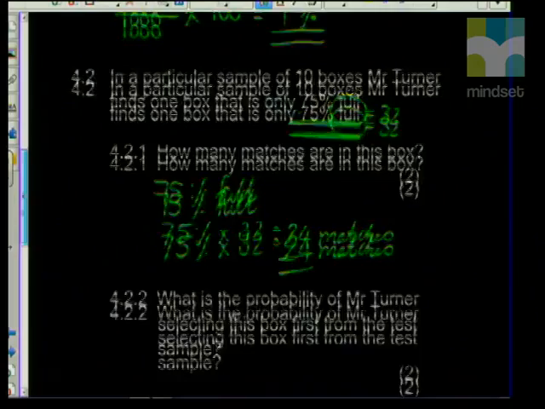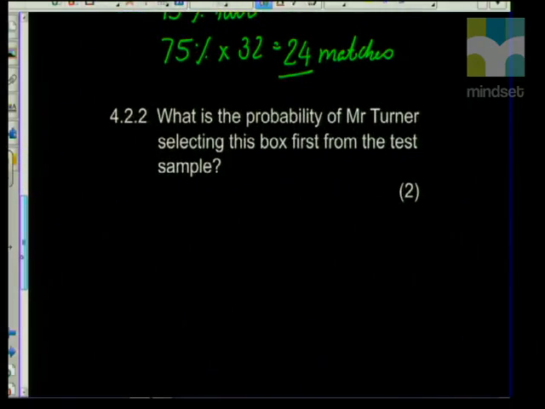Lovely. Next question. What is the probability, now remember, probabilities are often written as fractions or decimals or percentages, of Mr. Turner selecting his box first from the test sample. So what are they asking us? What is the probability of Mr. Turner selecting this box, so the box of the 24 matches, from the test sample? Okay, so remember the test sample was 10 boxes.